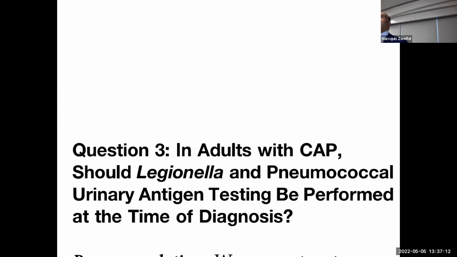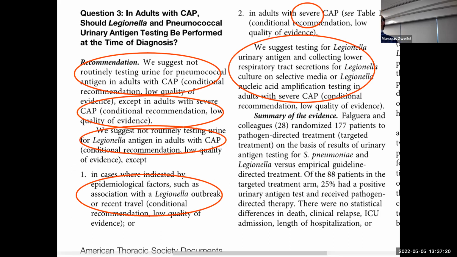Not 3 yet. Okay. So in adults with community-acquired pneumonia, should Legionella and strep antigen be sent? For strep antigen, they suggest not to send routinely, except if your patient has severe pneumonia. I usually send it because this is a suggestion, not a recommendation.